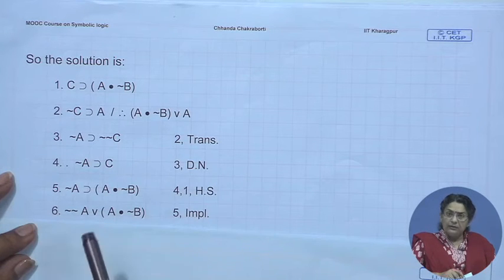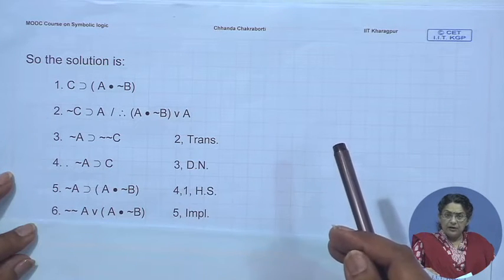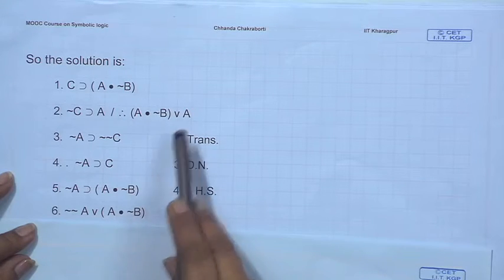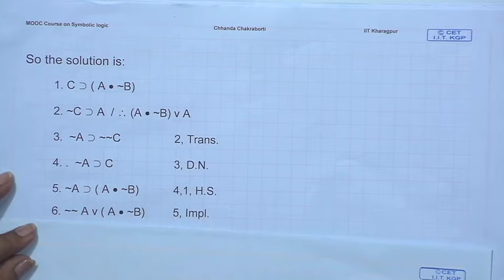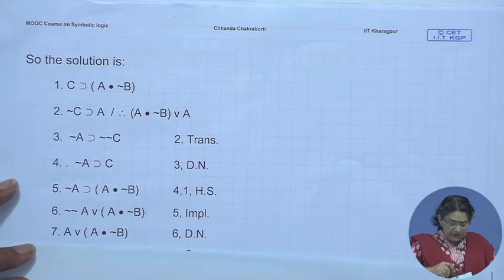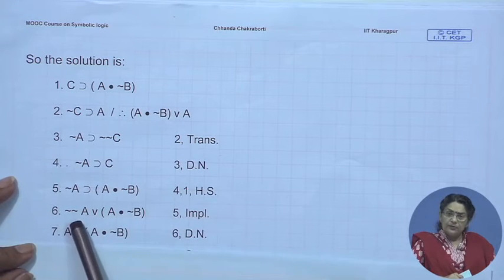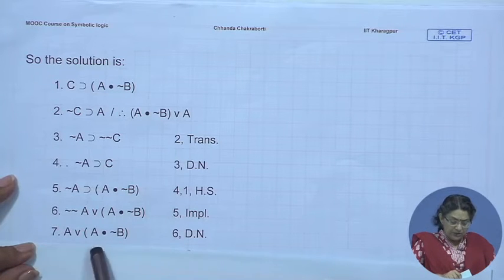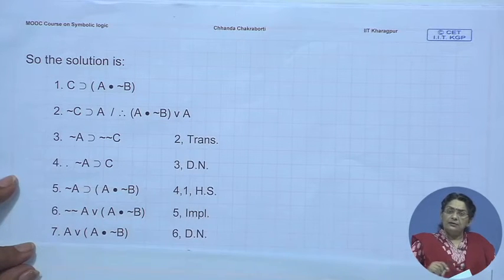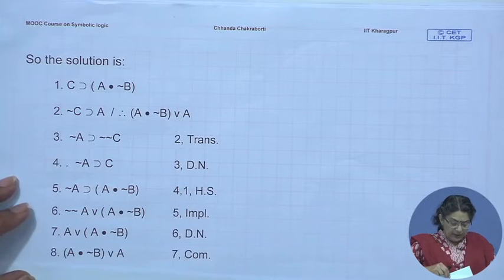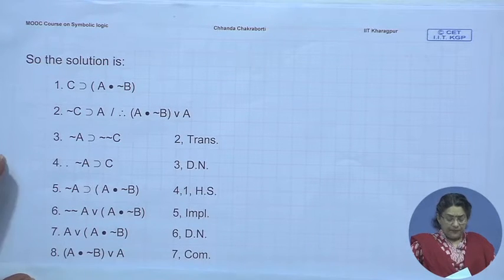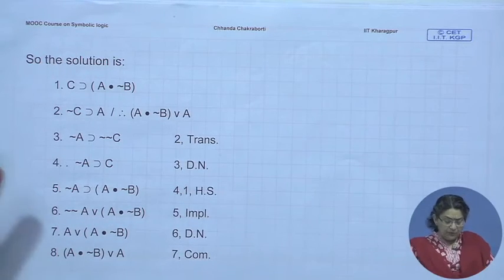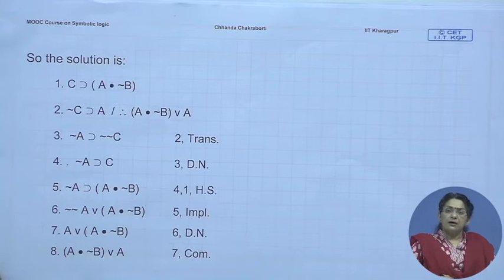Are we now at the target? No, not quite, because the positioning of these two disjuncts is not exactly like the conclusion. So we have to do this step also to get rid of the double negation. Even here you cannot stop the proof, because it is not exactly the conclusion that you want to derive. So this is the complete proof of this argument.